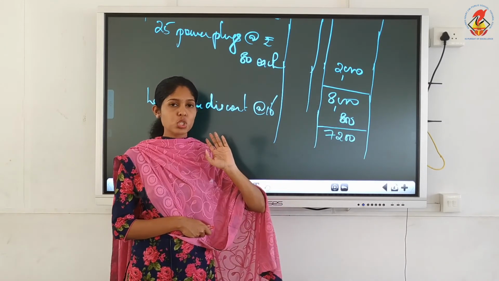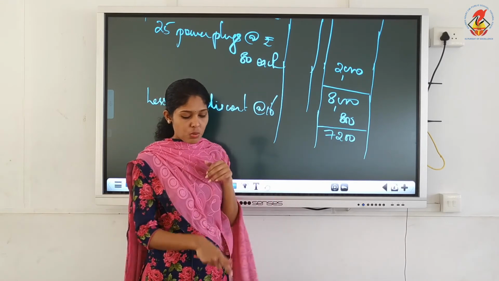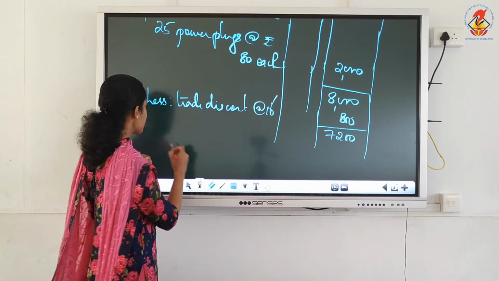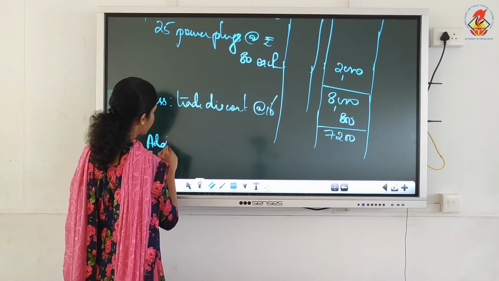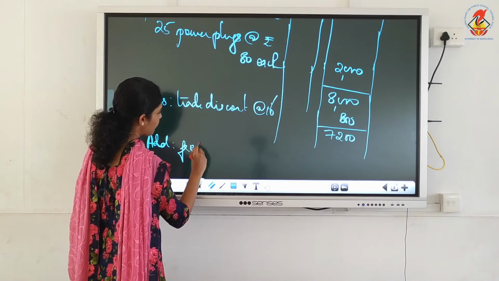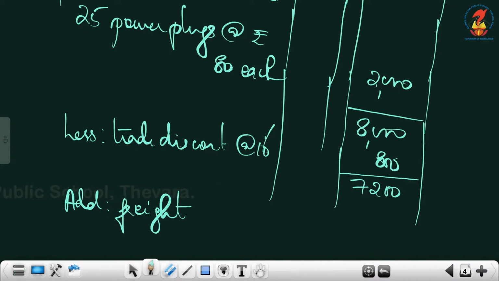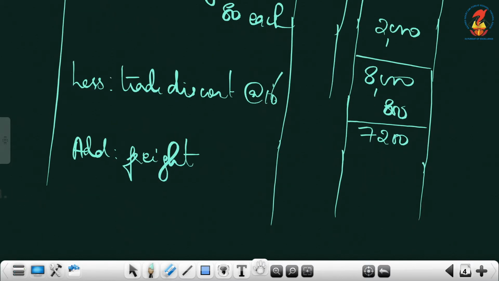The discount which you allowed must be deducted, whereas freight charges, the shipping charges or the transportation charges you have to add. So add freight. Freight you have to add and the amount is for freight, amount is 75, isn't it? Yeah, 75. So outer column, the amount column you can write 7275.